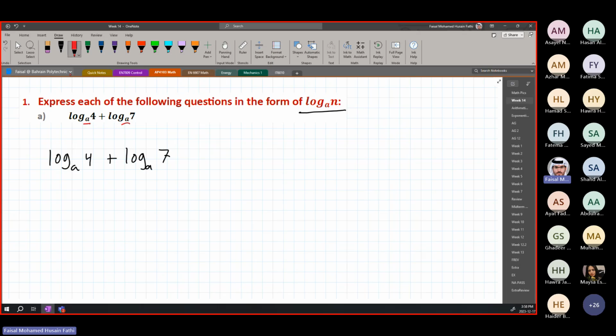So they have the same base, so we can apply the rules of logarithms. What does the plus become? Multiplication. So this is going to be equal to log of base a of 4 times 7. That's it. You are multiplying this number with this number. Simple. Very easy. 4 times 7, put it in the calculator, not that you need to, 28.